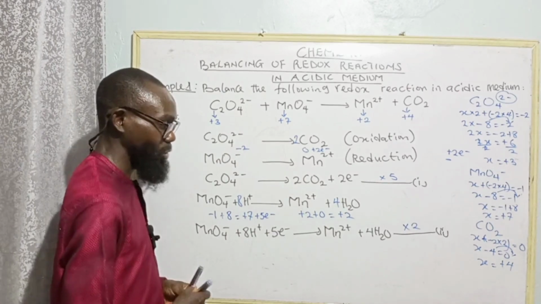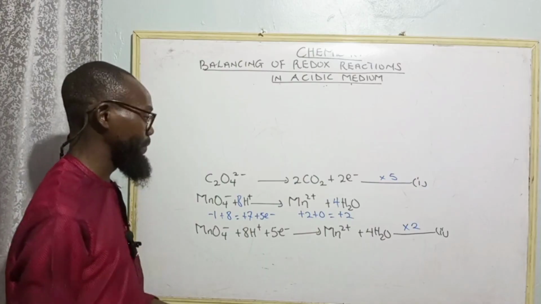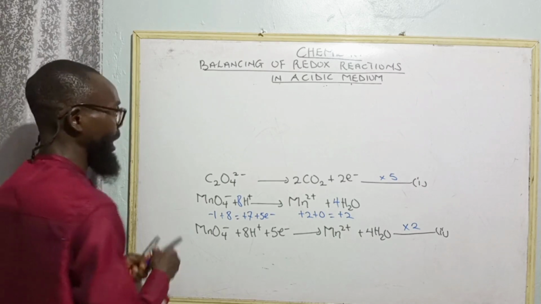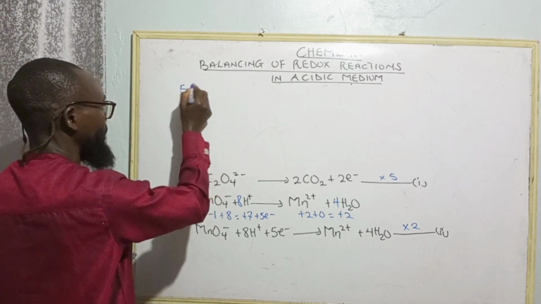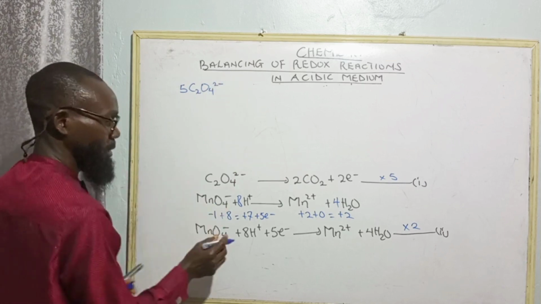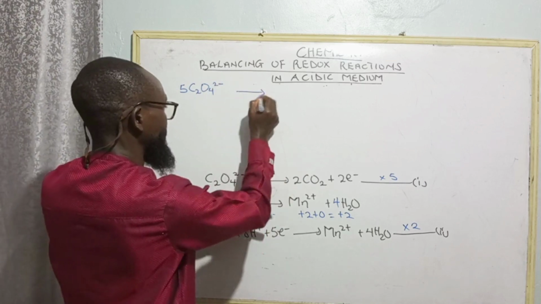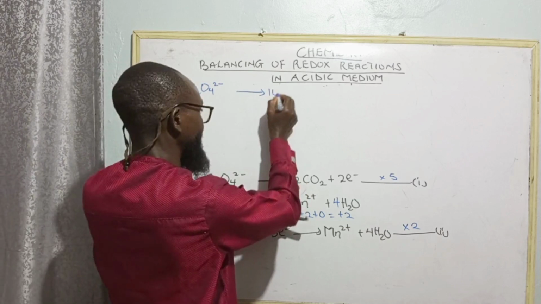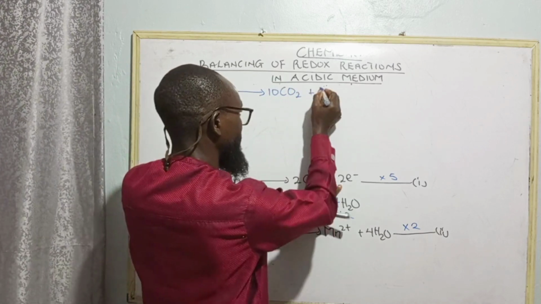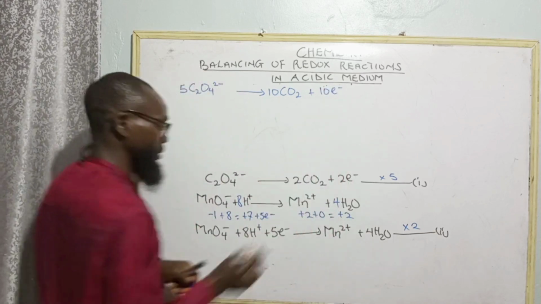So, let's look at it. Okay, 5 times this, I'm going to have 5C2O4 2 minus to yield 5 times 2, 10 CO2 plus 5 times 2, 10 electrons.